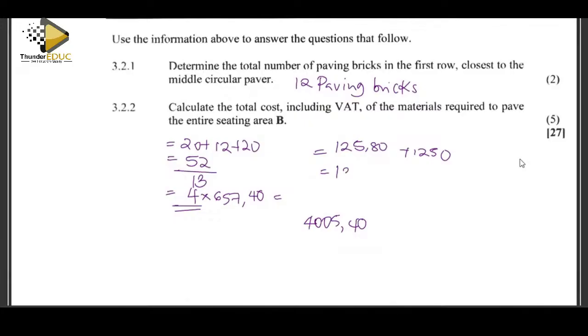This one here, 4 times 6, we have 2,629 rand 60 cents. Add these two, you end up having this much. But this we need to include VAT. 1.15.